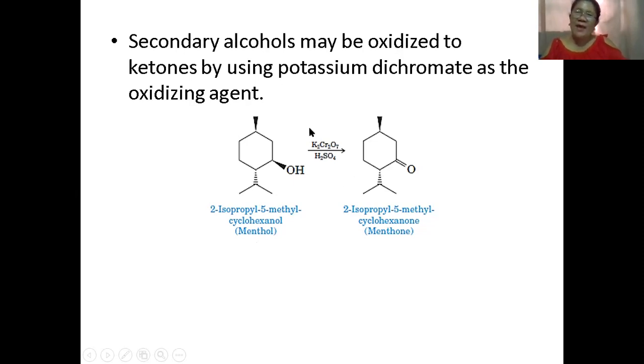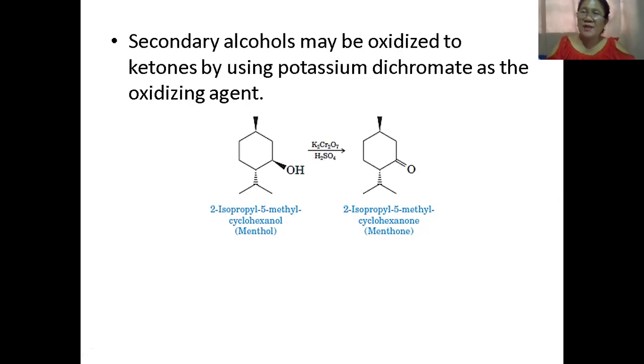Okay. With the presence of potassium dichromate, this is a secondary alcohol, and sulfuric acid, what will happen? This will form into a ketone. Like the primary, it will form into an aldehyde.